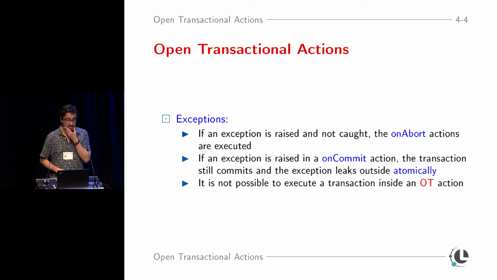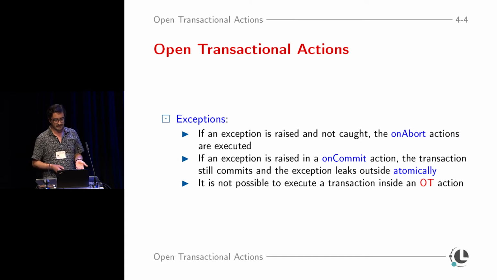Also about exceptions, if an exception is raised and not caught, then the onAbort actions are executed. If an exception is raised inside of an onCommit action, the transaction still commits, but the exception leaks outside atomically. So suppose this exception is an error, and we already started executing the onCommit actions, we don't know exactly where this error occurred, so we cannot undo these changes.